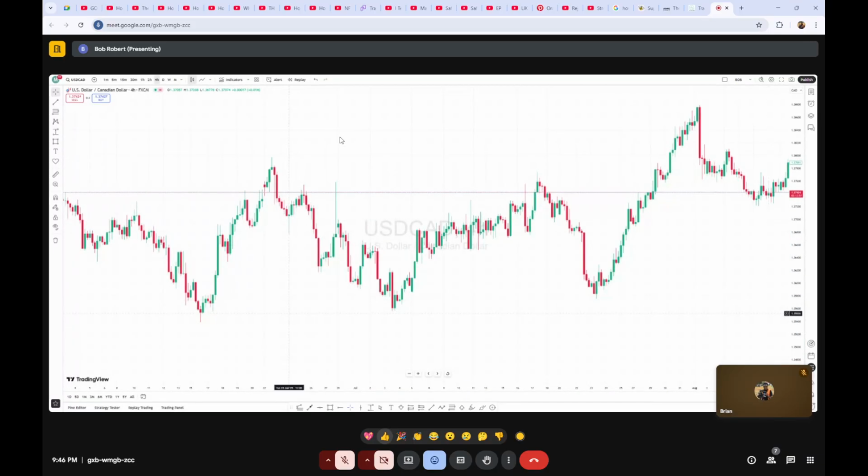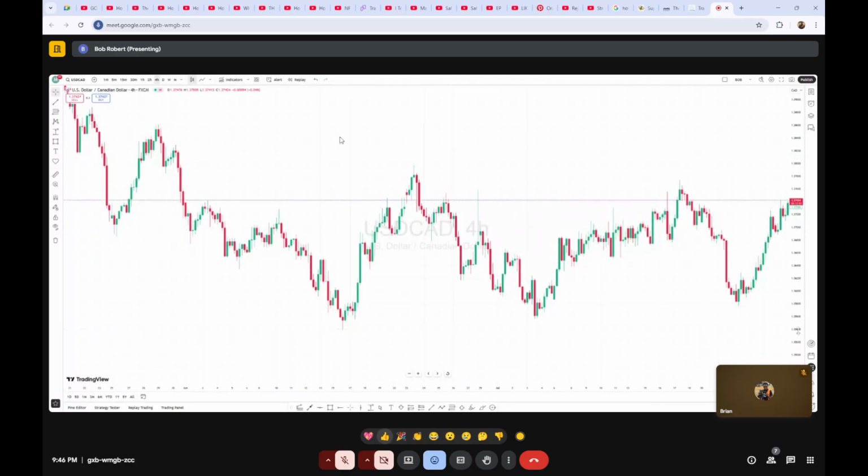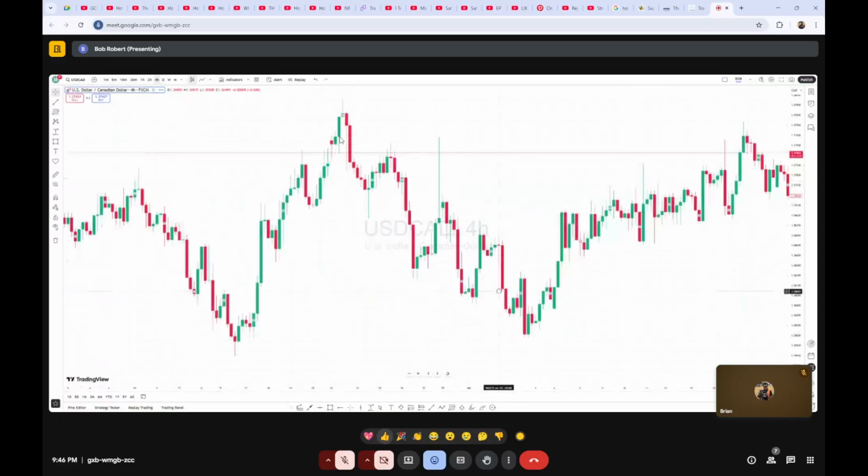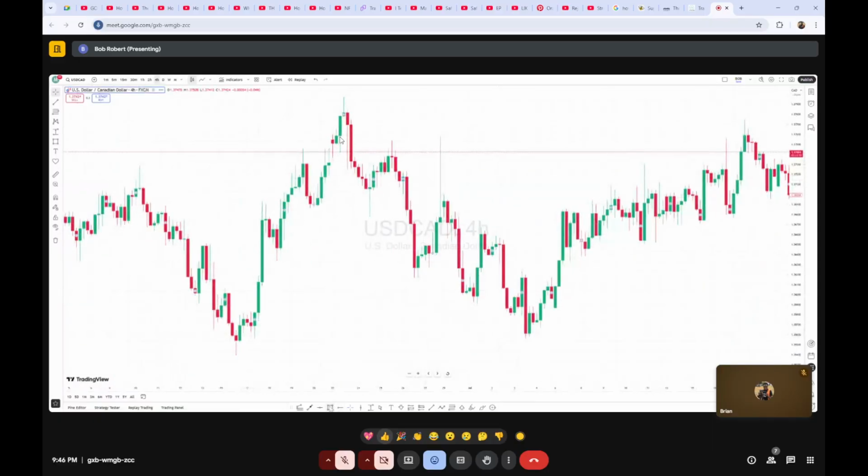Now take an example of this. Let's look at this zone here. This demand zone here is very strong. Number one, you see how it left the zone with huge candlesticks.